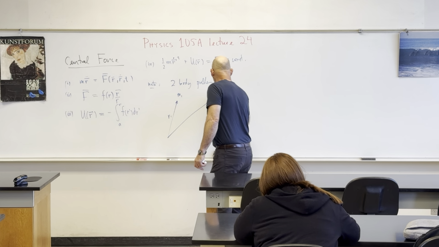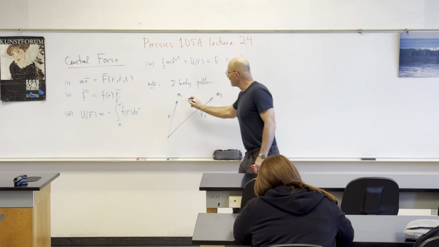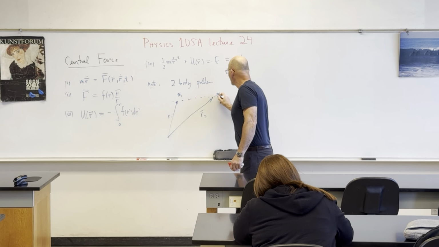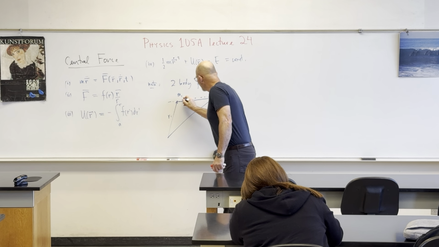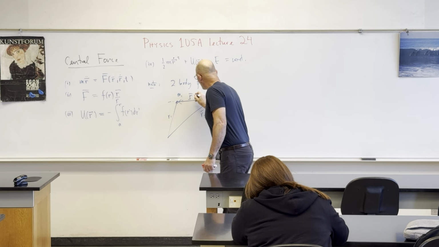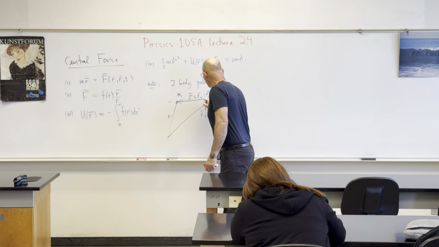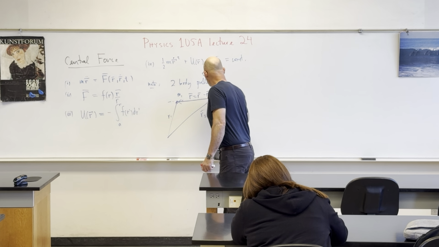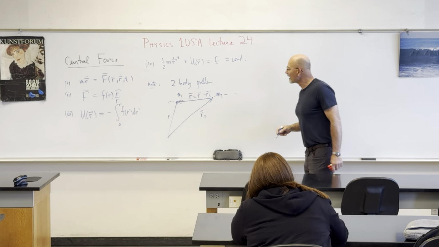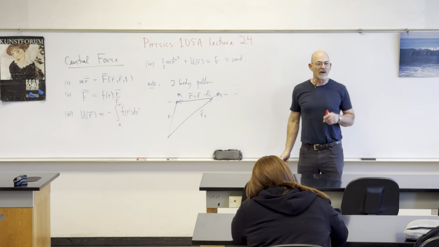This was M2, vector R2. So if you had the force along this line joining them, then you were able to create this relative vector R, R1 minus R2. Okay, it's a little messy. And then you were able to show that this two-body problem reduced to a one-body problem.